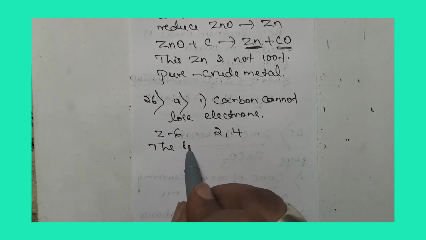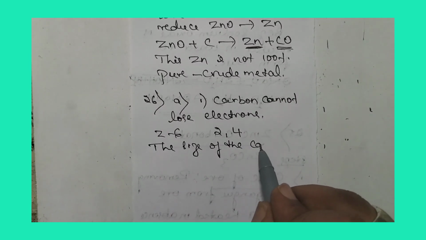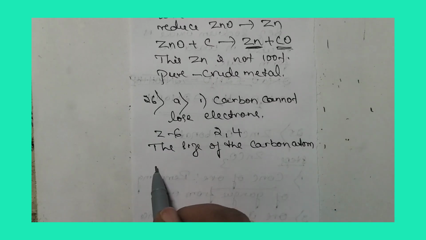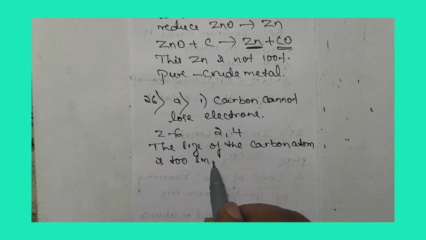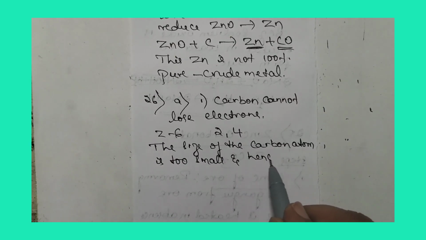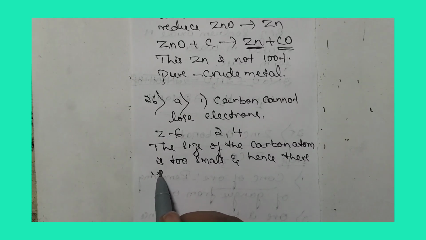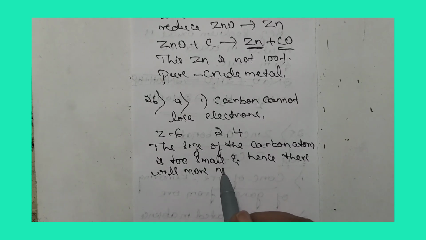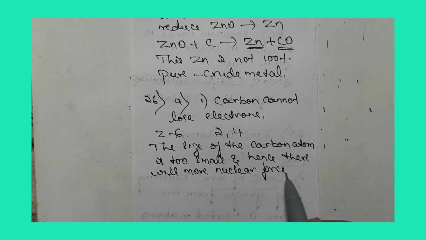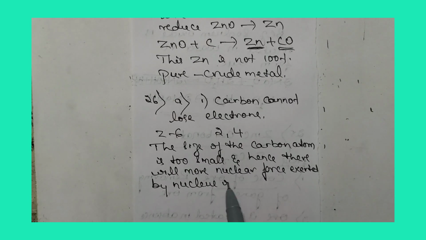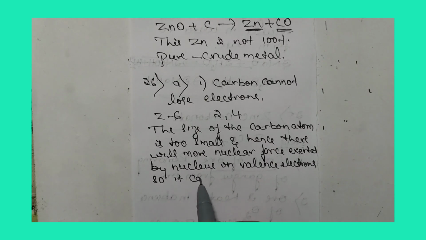The size of the carbon atom is too small, and hence there will be more nuclear force exerted by the nucleus on valence electrons, so it cannot lose 4 electrons.